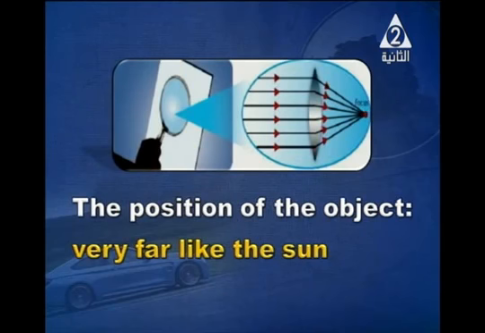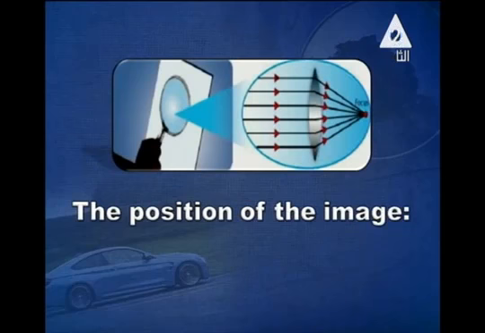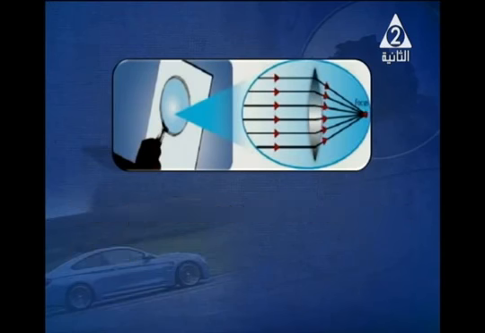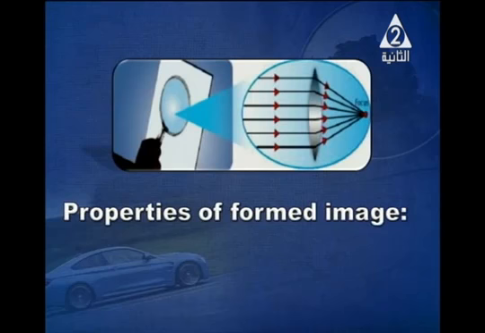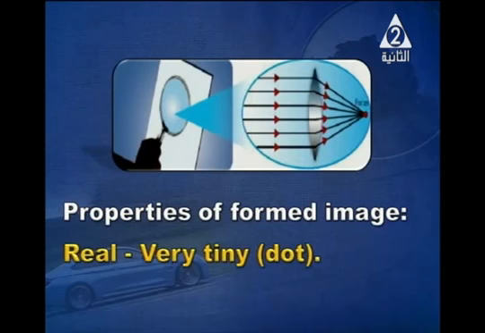This far object will send parallel light rays, parallel to the principal axis. These rays will refract and converge to be collected at a point called the focus. The position of the image is at the focus point. Properties of the formed image: real and very tiny.